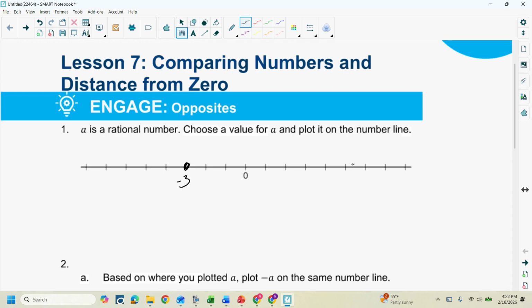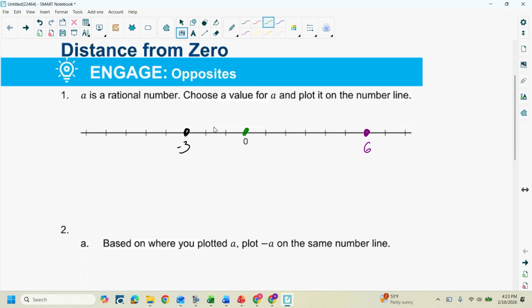Or you could put it over here and say 6. Okay, basically you can put it anywhere you want. We could put it here and say 0. Okay, so we have all sorts of different options.